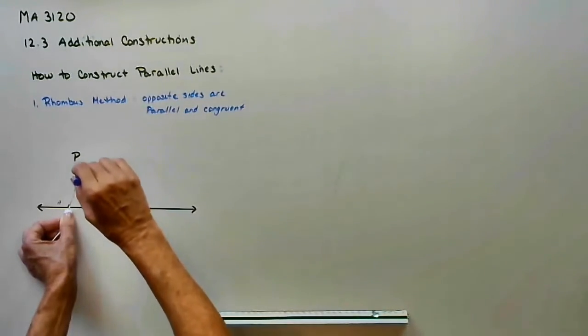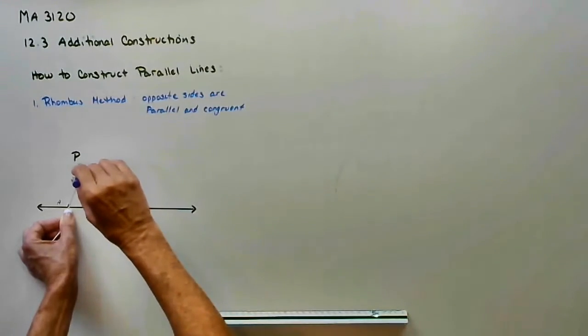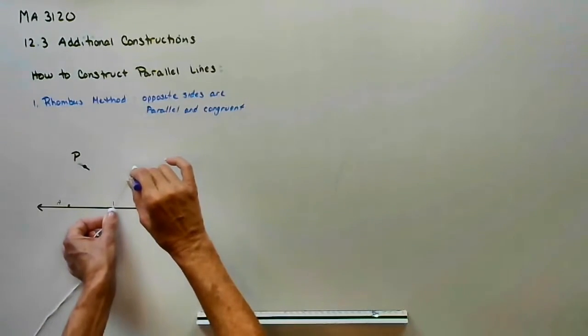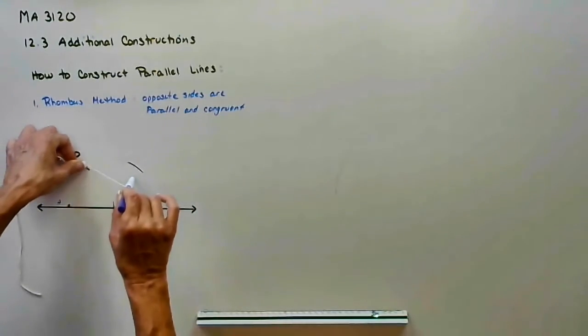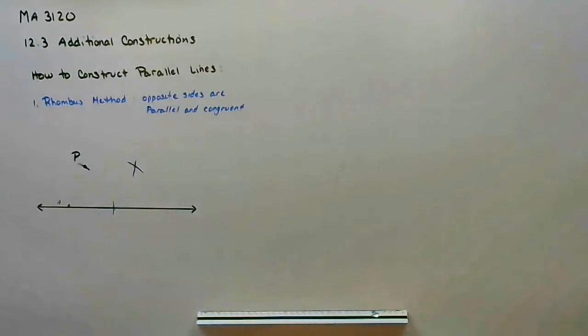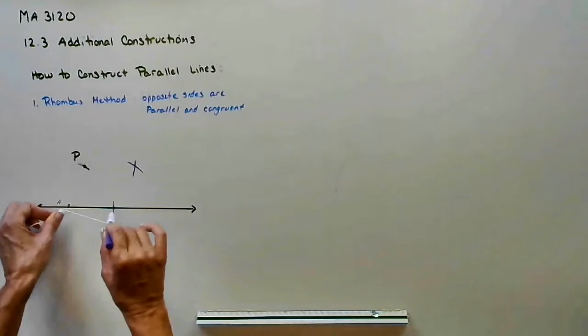So now I know that these distances are identical. Without changing my compass, I'm going to go to each one of these vertices and swing an arc. So technically, all four of these sides should be the same length.